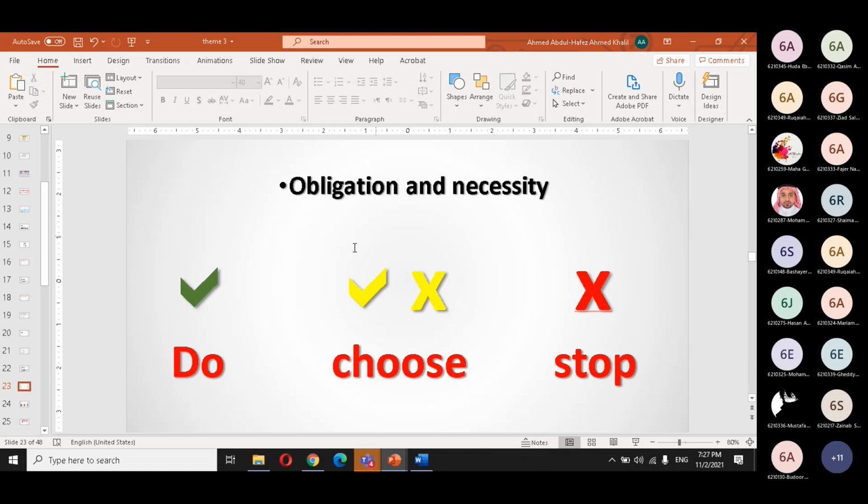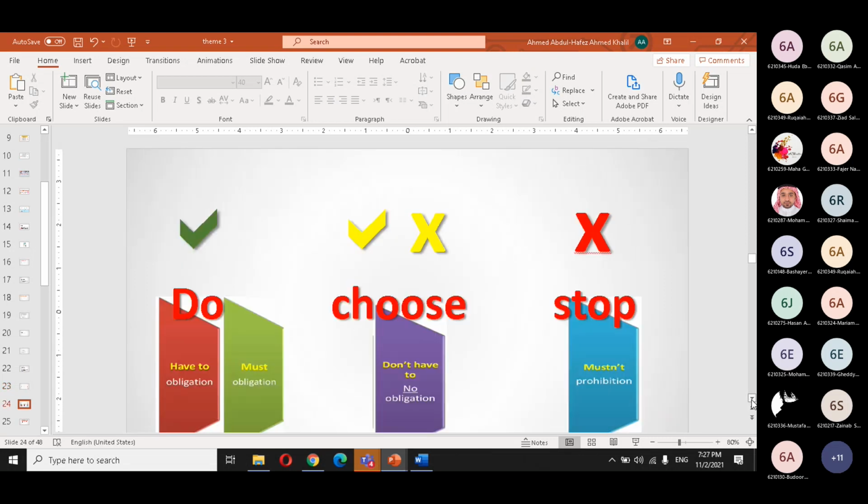Here we have something else in the middle. Here it's not necessary. It's not necessary means you are free. You can do or you cannot do as you like. Okay? We will make it clearer. Look at the next slide.